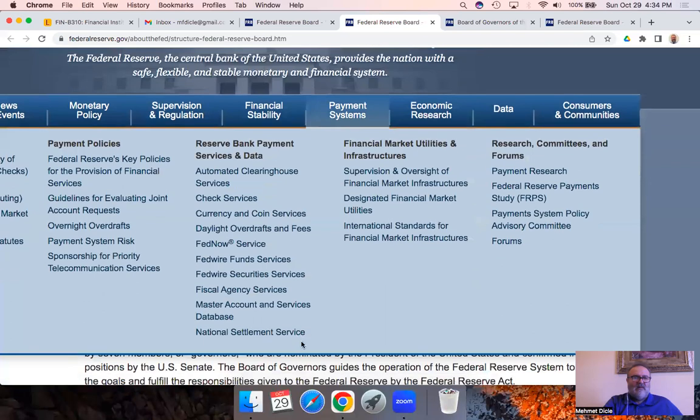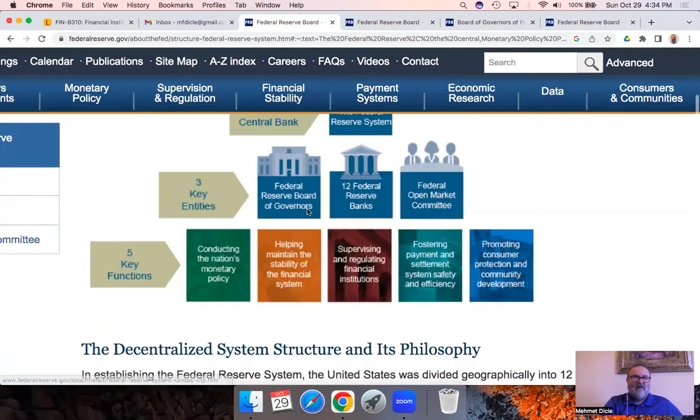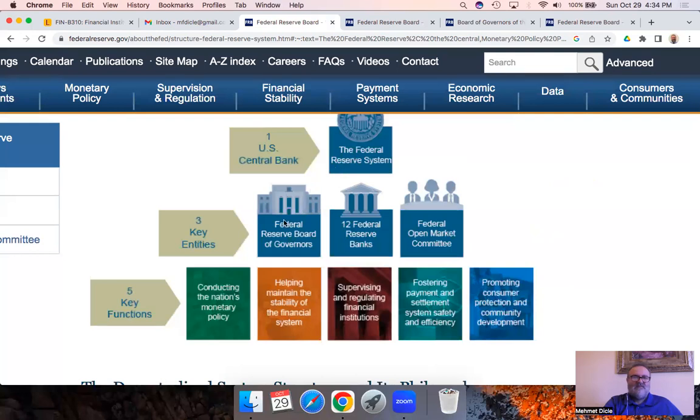So when we talk about the Federal Reserve System, we said that it comes with three key entities. The first one is the Board of Governors, then the Reserve Banks, and then the Open Market Committee, which, on Wednesday and Friday, we'll talk a little bit more about: how these banks are involved within the system, what the individual roles are, what the FOMC, or the Federal Open Market Committee, does, and how the members are elected, and so on and so forth.